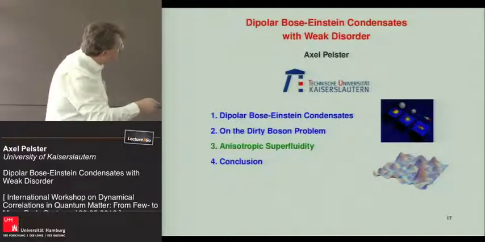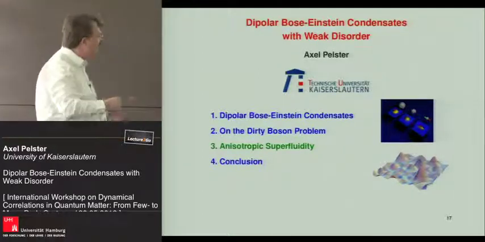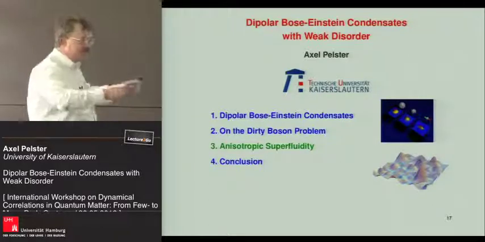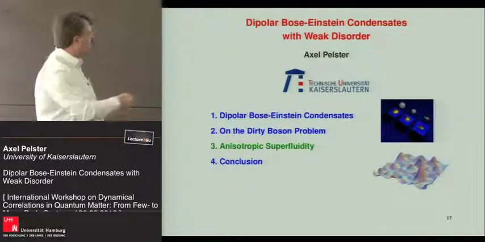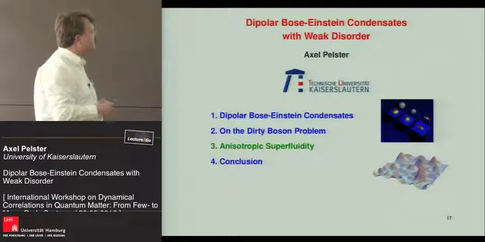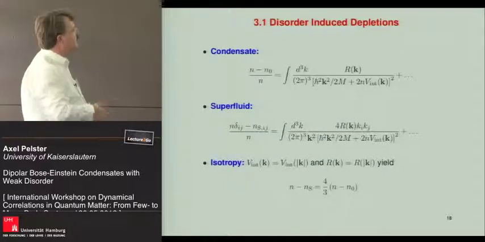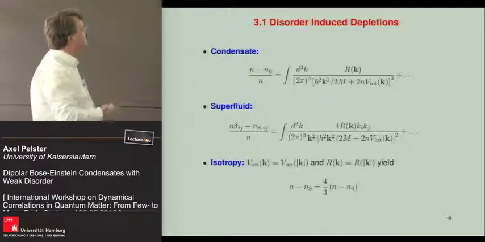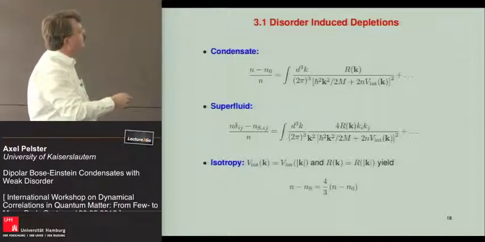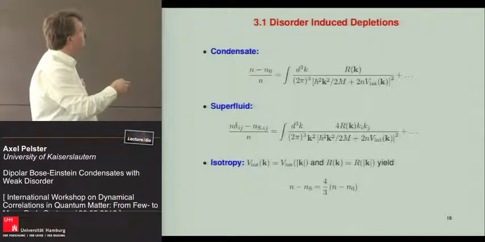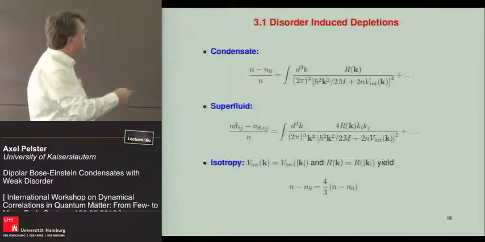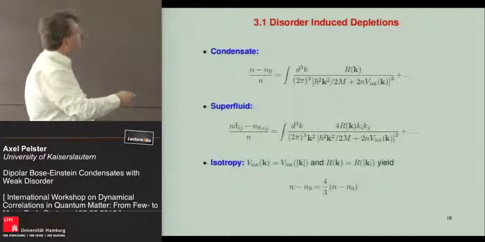But if we switch on a disorder potential, it turns out that on the disorder average, superfluidity turns out to be anisotropic. So we went in the general case through this Huang-Meng theory, where we have a general interaction potential, a general disorder correlation. So there's a general expression in leading order for small disorder, a general expression for the condensate depletion, and also for the superfluid depletion.